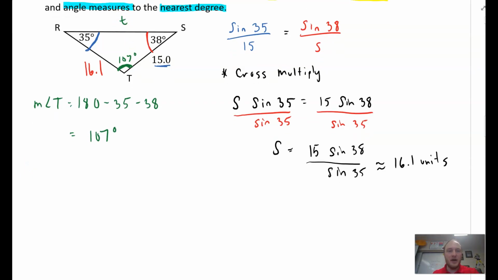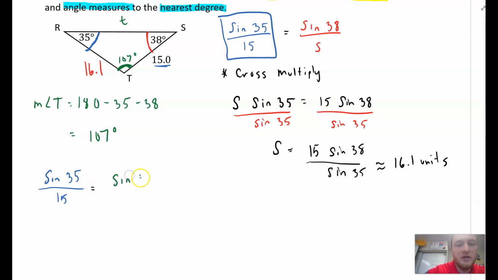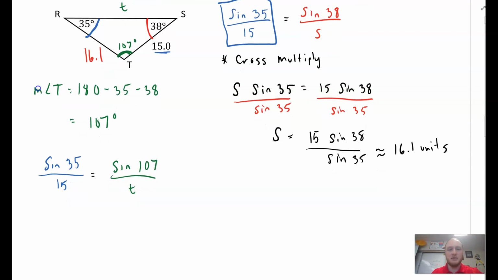So how are we going to do that? Well, the law of sines. And again, avoid using rounded values, so I don't really want to touch that 16.1. It's rounded, it's approximate, it's not exact. So I'm going to go back to my initial setup of sine of 35 over 15 is equal to sine of 107 over t.